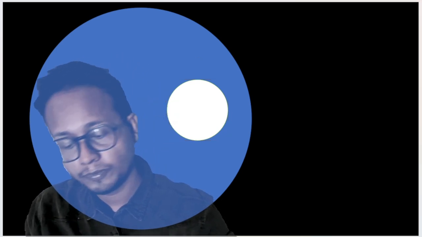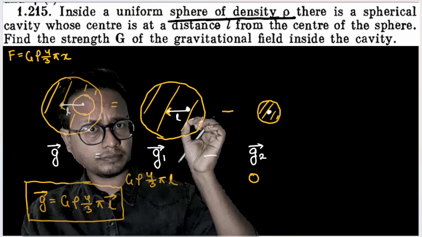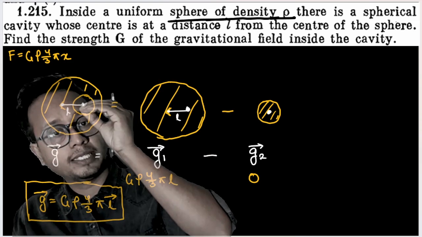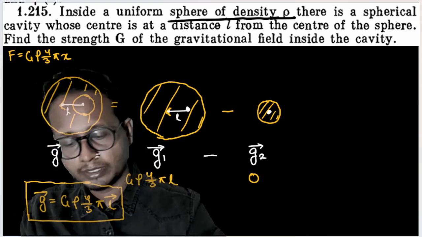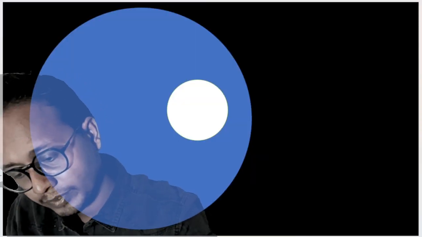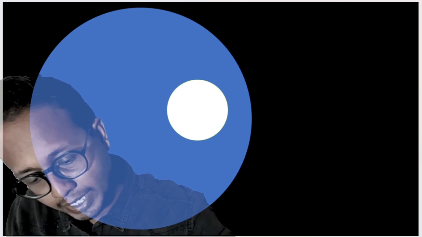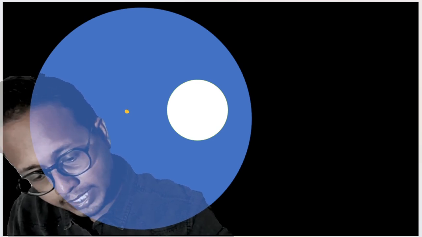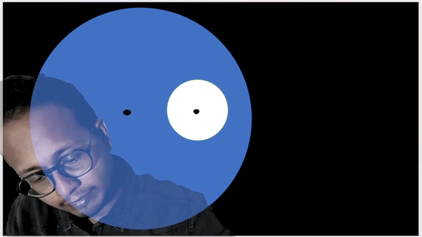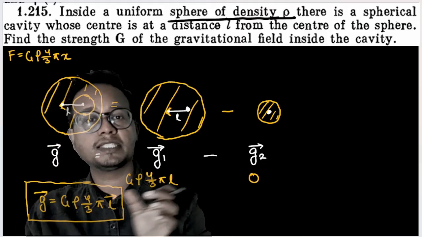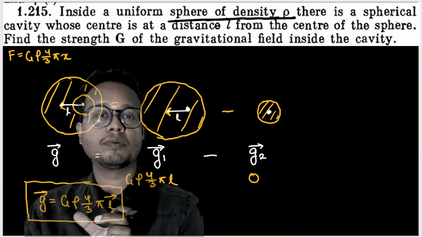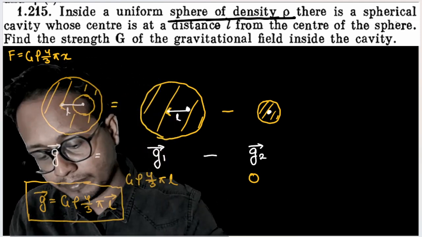In the first case, what did I do? I found the field at the center of the cavity. Let me say the distance from the center of the planet to the center of the cavity is given as the L vector. Our gravitational field at the center of the cavity is nothing but G into rho into 4 by 3 pi L vector. Fair and fine.